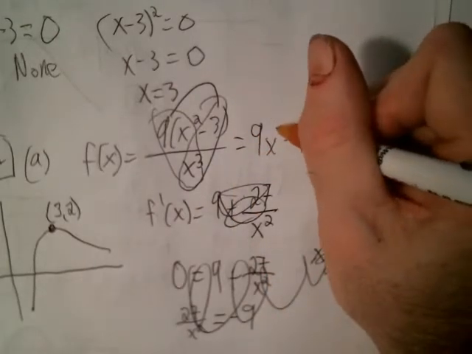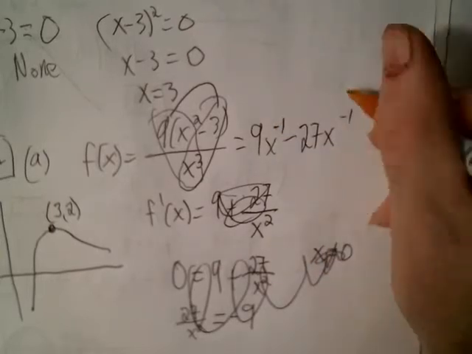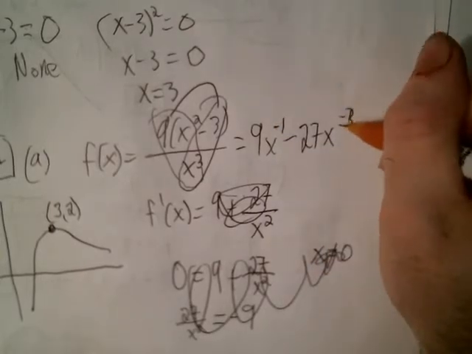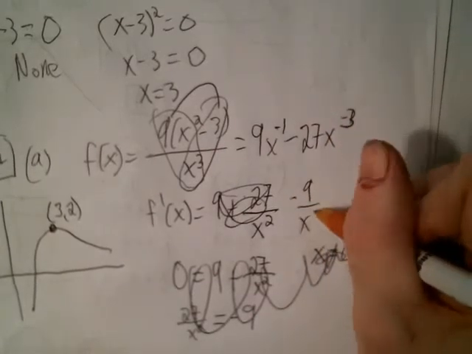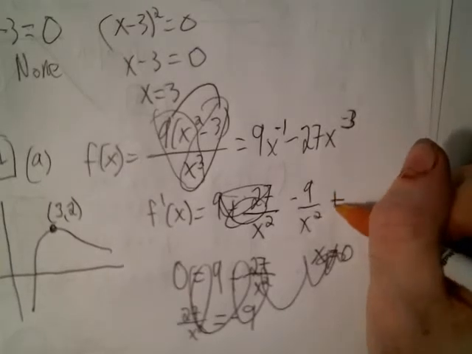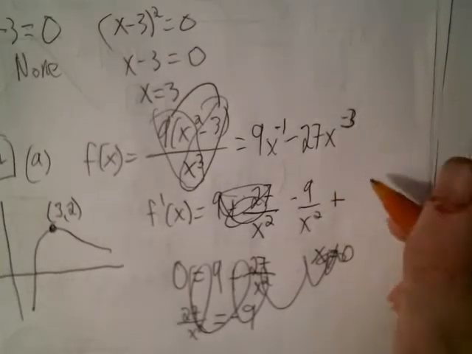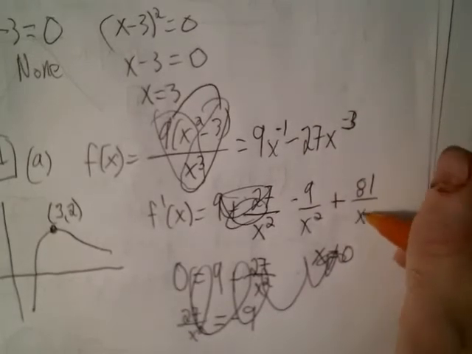Anyways, this would end up being 9x to the negative 1, and this would be to the negative 3. And then if I took the derivative, it'd be negative 9 all over x squared plus 81 all over x to the 4th.